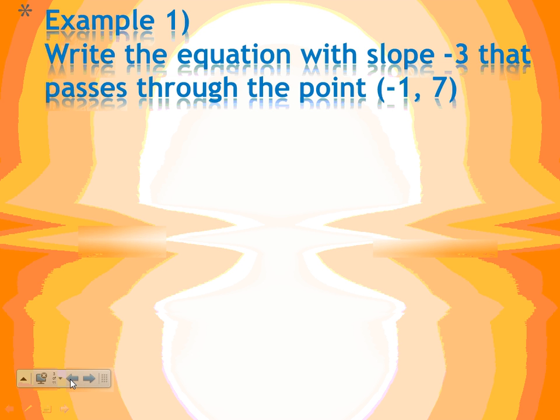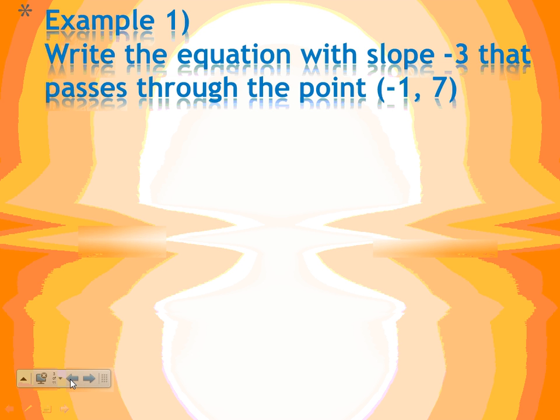All right, go ahead and copy this down. Write the equation with the slope of -3 that passes through the point. So here is my Blue's Clues example. When you get to the test tomorrow, you've got to look at what you've been given.